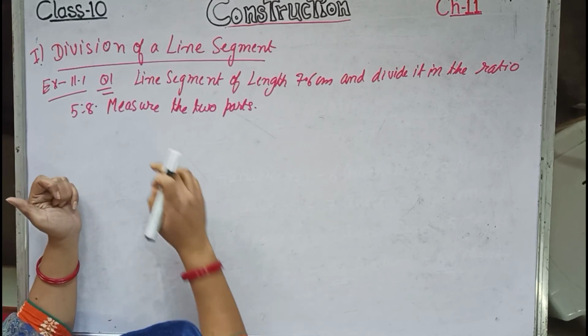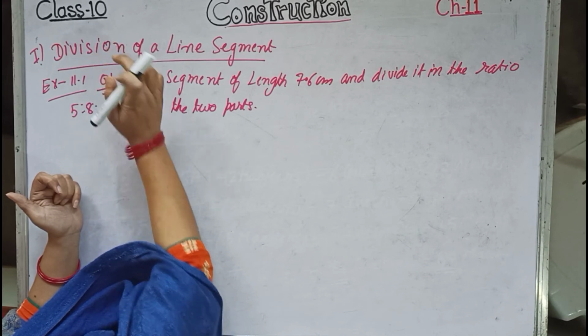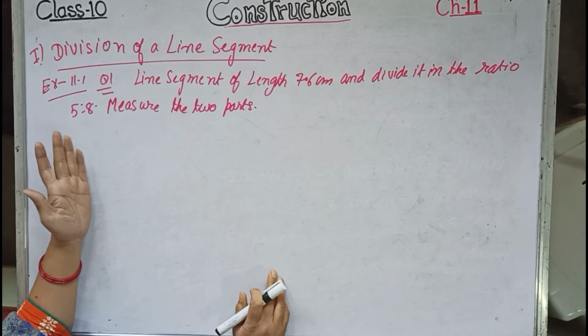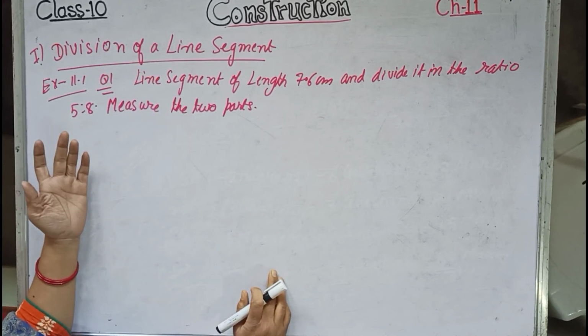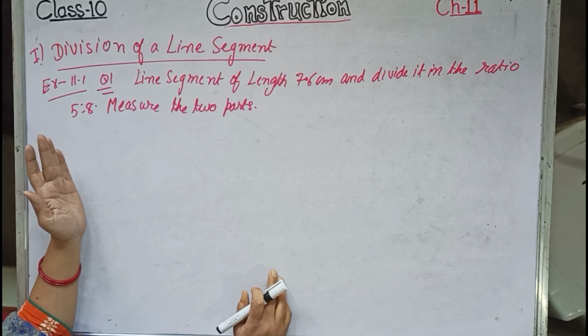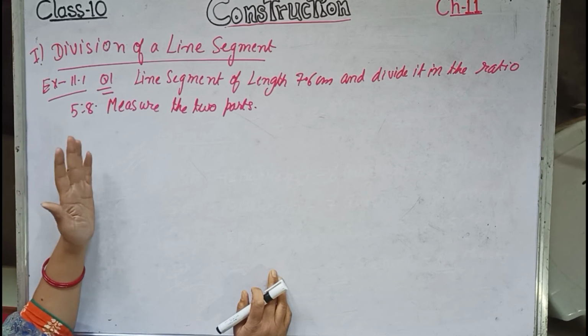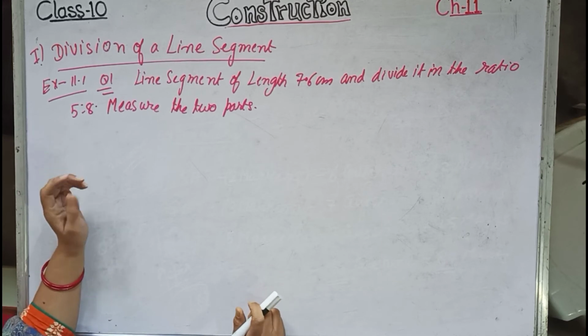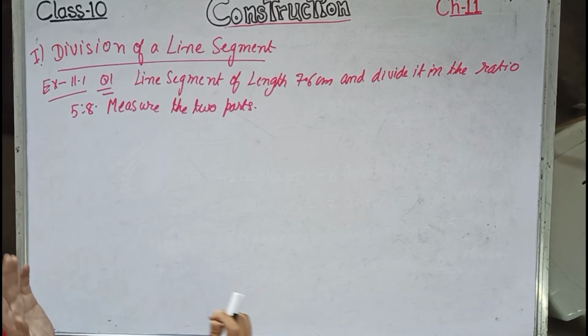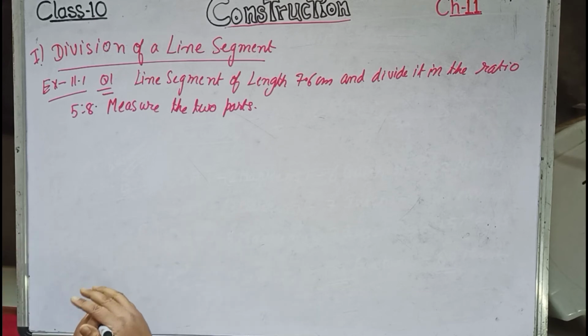But suppose in the marking scheme it is written that 1 mark is for writing the steps of construction, then the evaluator has to cut 1 mark. So don't give a chance to the evaluator to cut any mark for the construction at least, because with circles, construction is among the easiest chapters. So don't let the evaluator cut the marks from these two chapters.